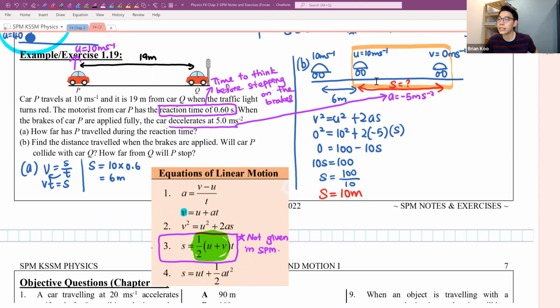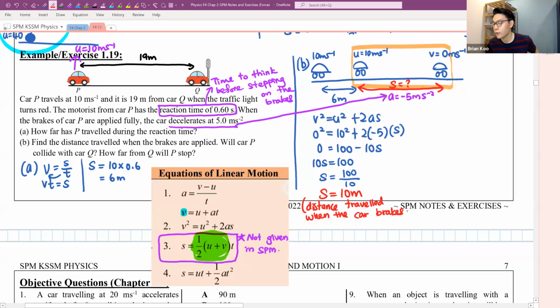That is the distance when you brake. Distance traveled when the car brakes. Will car P collide with car Q or not?